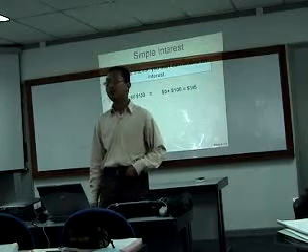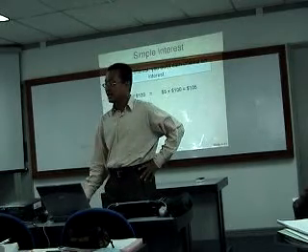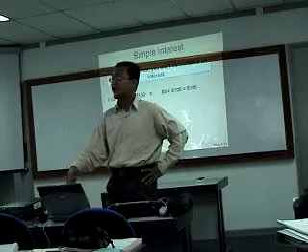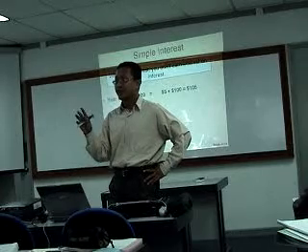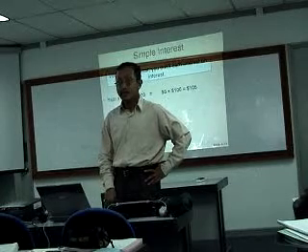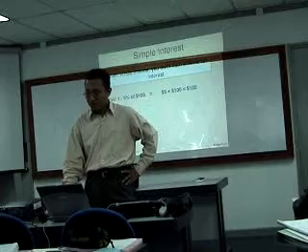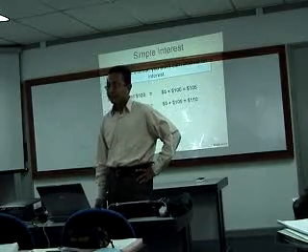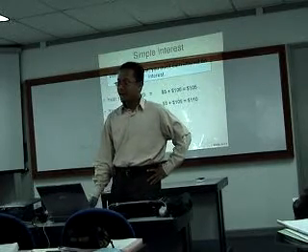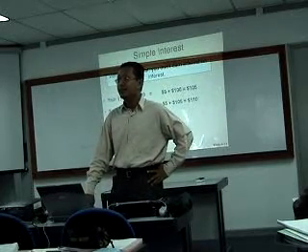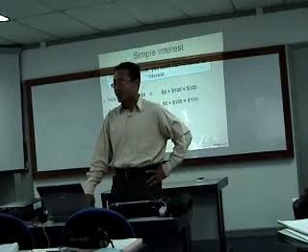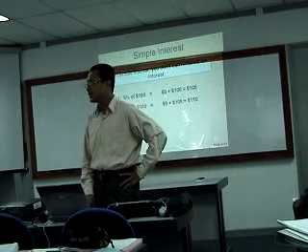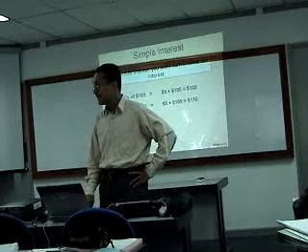We add that to 100, so we get 105. Year 2, 5% of 100, you still get 5 ringgit, from the 100, and your total money becomes 110.